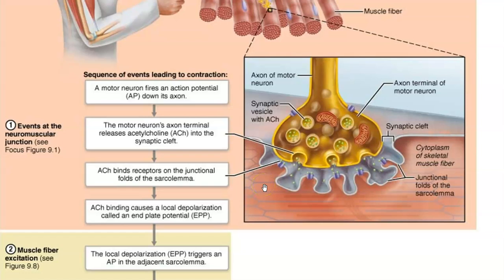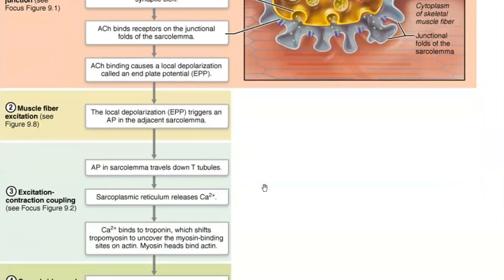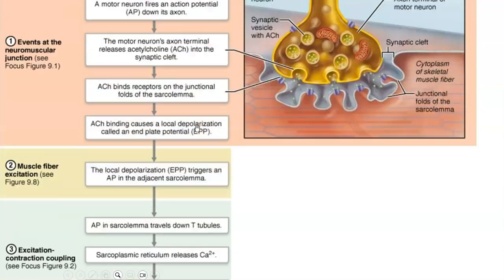All right, then we are going to have the muscle fiber excitation. That depolarization, once it reaches a value we call threshold, which is negative 55 millivolts. So once enough sodium ions have entered to depolarize that membrane, that sarcolemma, to the threshold value of negative 55, then an action potential will be generated right there at the sarcolemma.